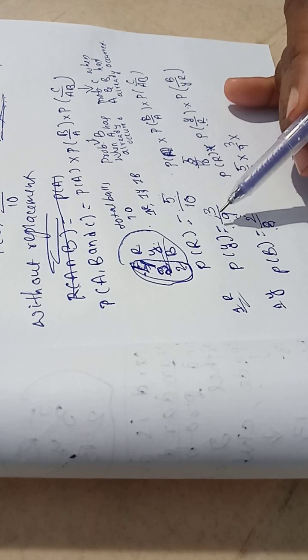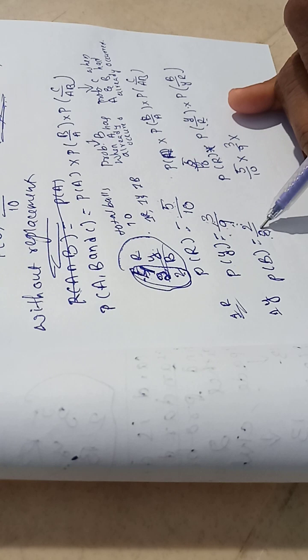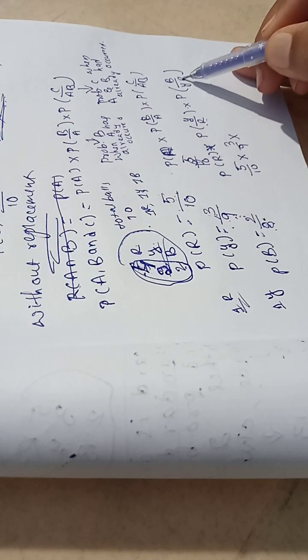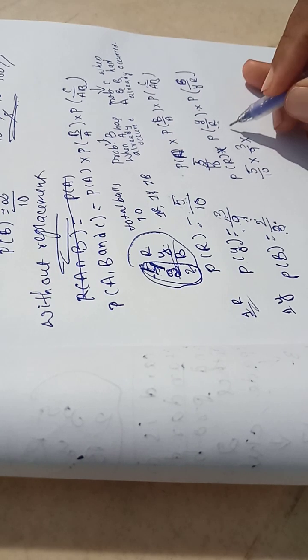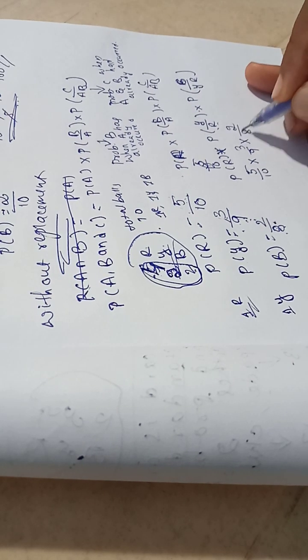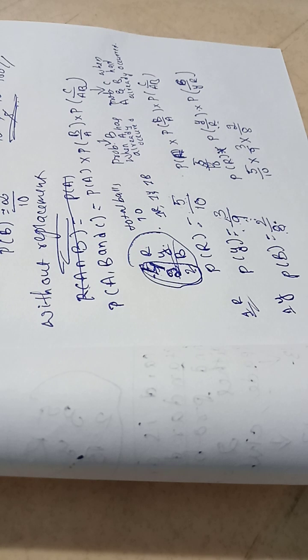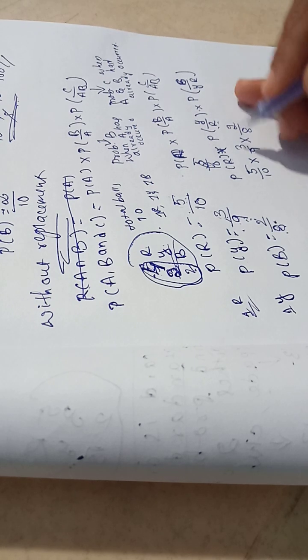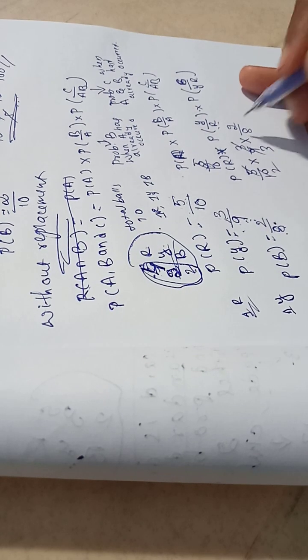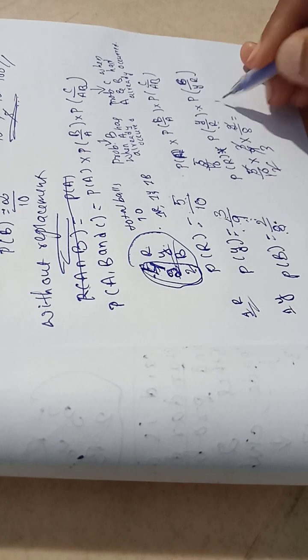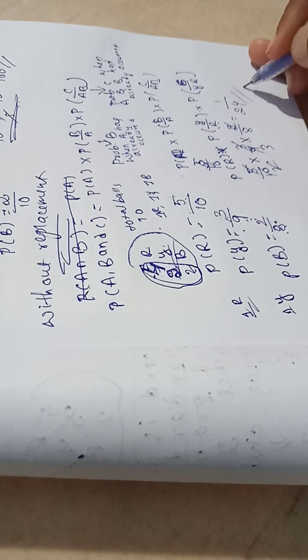Now here I removed one yellow ball as well as the red ball, both. Now the black ball probability is 2 by 8. Right? Now the answer: 3 3s are 9, 5 2s are 10, 2 2s strike off, 1 by 8 3s are 24.